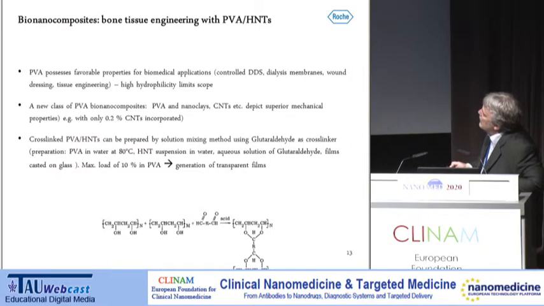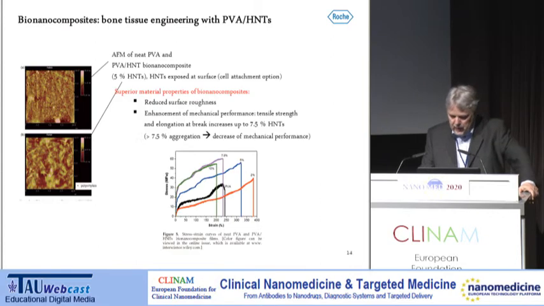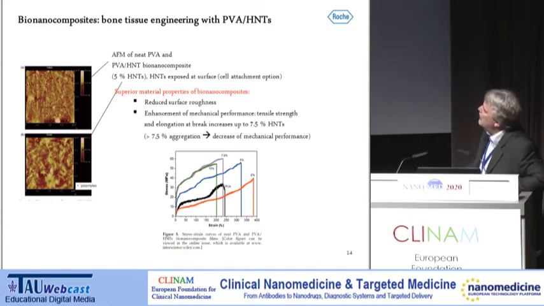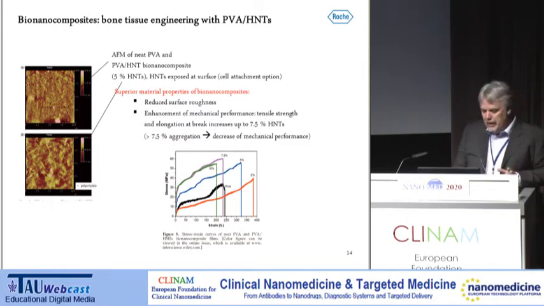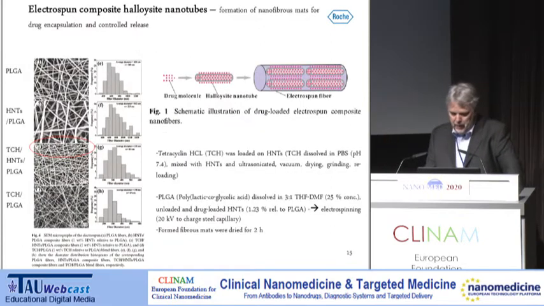By adding just a little amount of nanotubes, you can dramatically increase the performance of those products. This is an example where nanotubes were added and the mechanical performance was hugely improved. The tensile strength and elongation at break were dramatically increased just by adding 7.5% of the clay nanotubes.